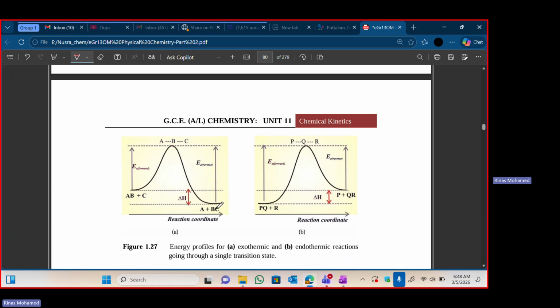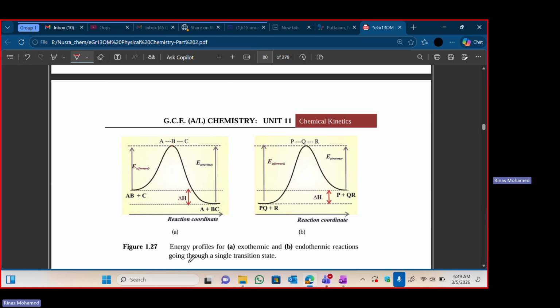This one is slightly higher. That is the backward reaction's activation energy. And the energy difference between reactant and product is called delta H. Right. Likewise, they have given you the exothermic reaction's energy profile.